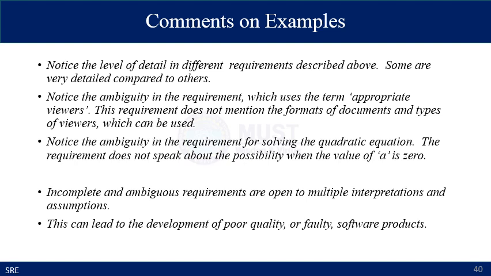You can also notice the ambiguity in the requirement for solving the quadratic equation. The requirement does not speak about the possibility of the value a being 0. So incomplete and ambiguous requirements are open to multiple interpretations, and developers can make assumptions which will lead to deployment of poor quality, faulty software products.